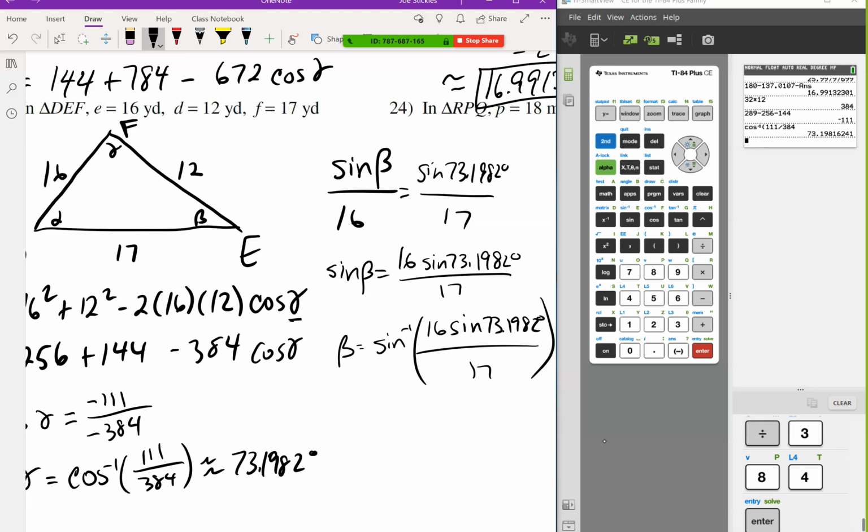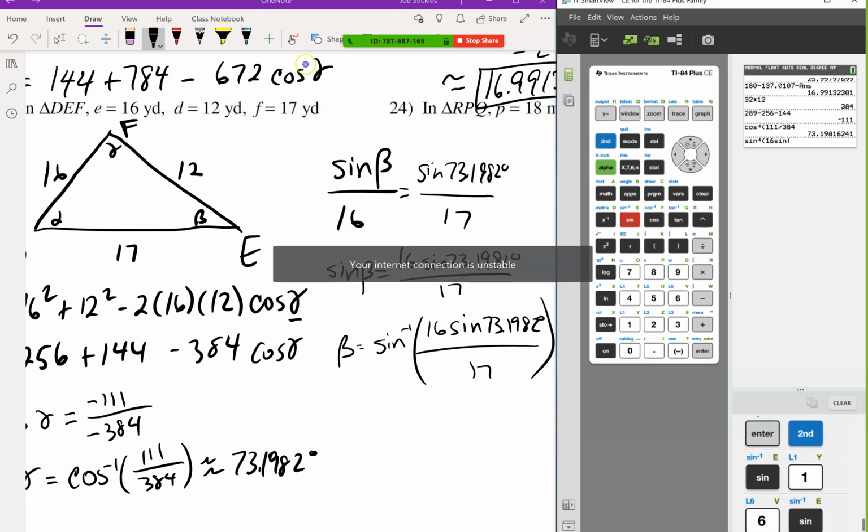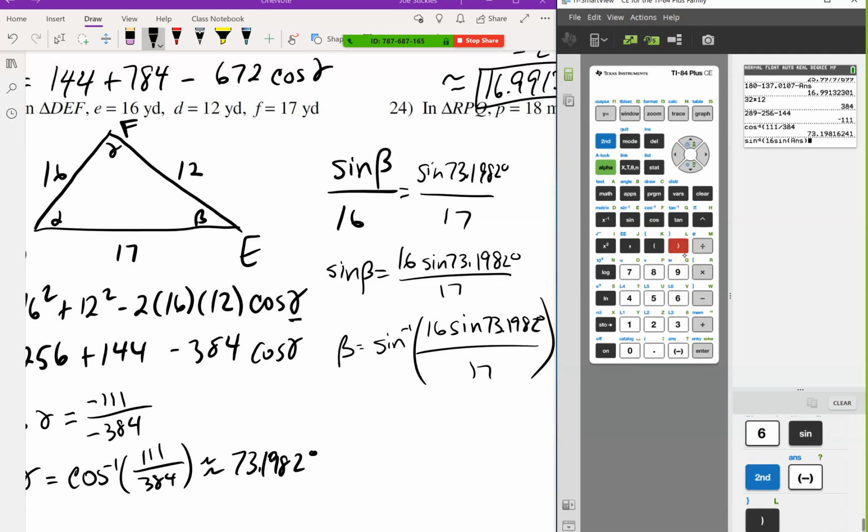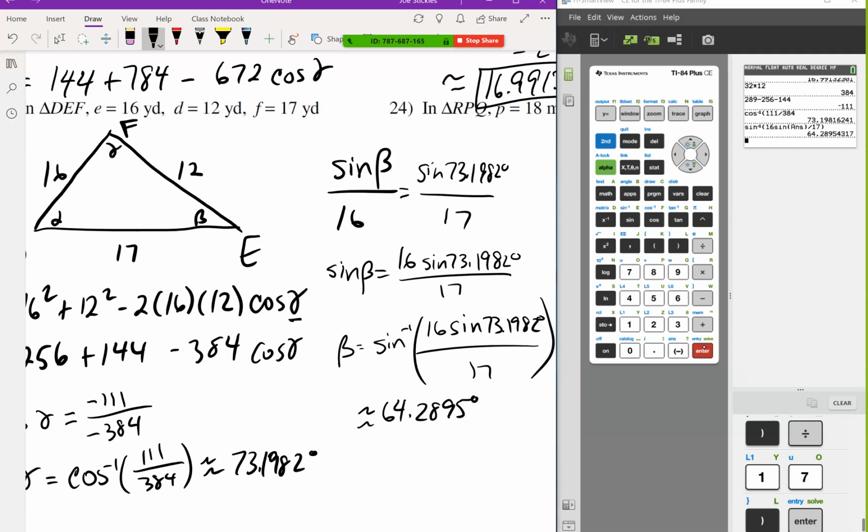I personally prefer just to type it in all at once, so I don't have to type in several different things. So inverse sine, 16 sine of previous answer. The previous answer was our angle here, so it's the sine of the previous answer and divide by 17. In this case, we get about 64.2895.